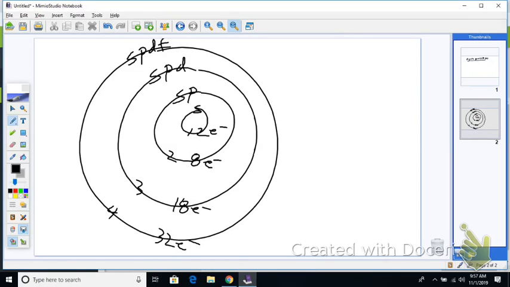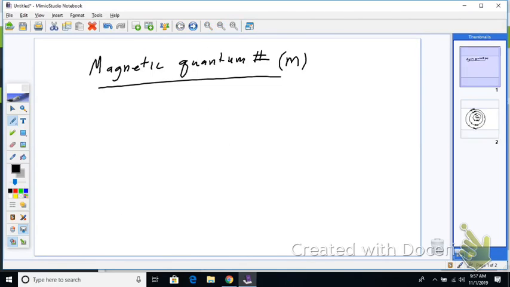So that's basically what we went through yesterday, and what we're going to go through today is called the magnetic quantum number. It indicates the number of pathways the orbital takes within a sublevel.